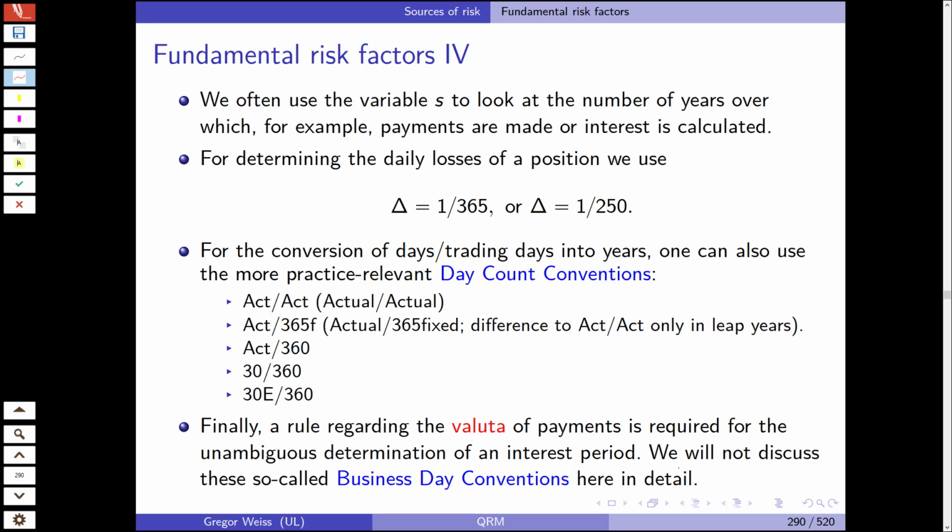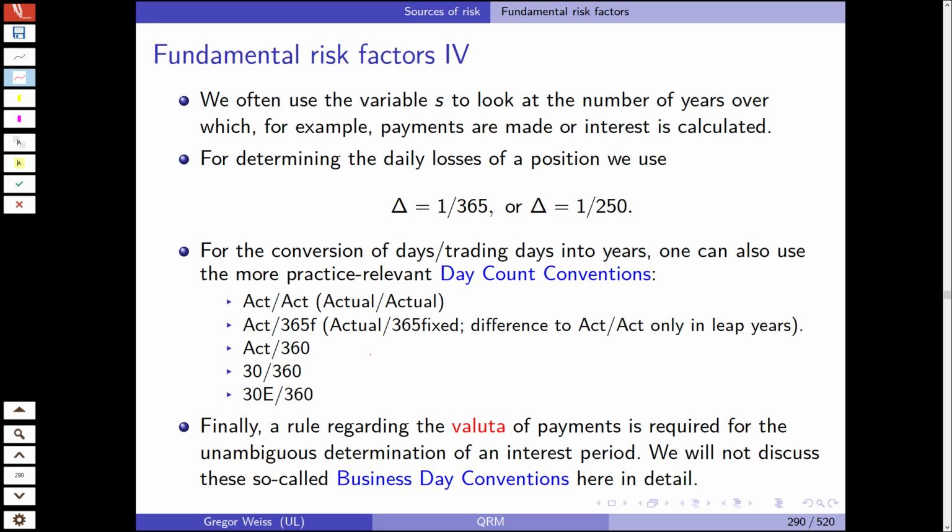Payments are then made, interest is calculated, and if you break down delta into, say, daily losses, you can, for example, set delta to 1 over 365 or 1 over 250, and this relates to the so-called day count convention. In practice, it is very important to know: are you counting actual days and referring to the actual days in a year, or are you simplifying it with actual divided by 365, even in leap years, or actual divided by 360, 30 days for each month, and so on.